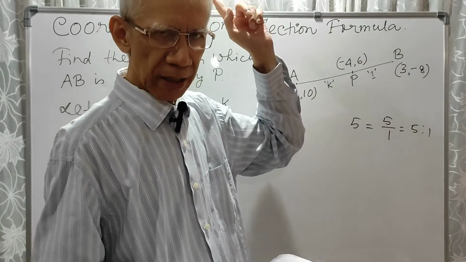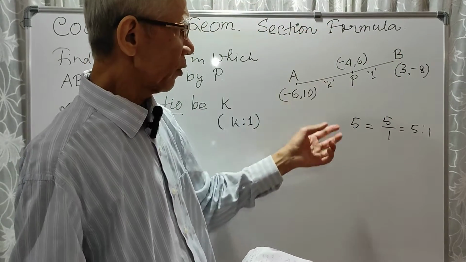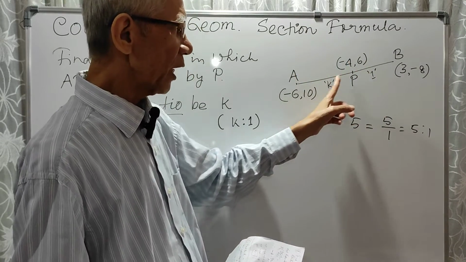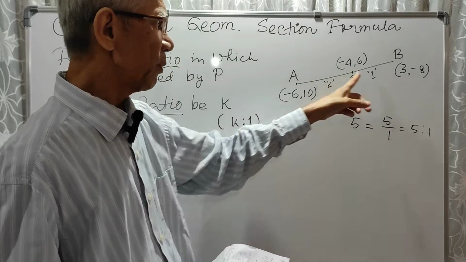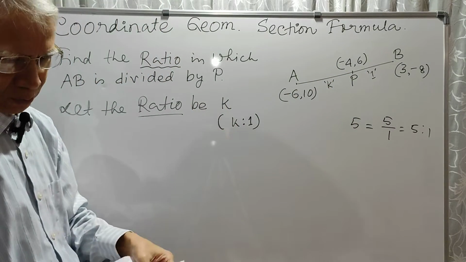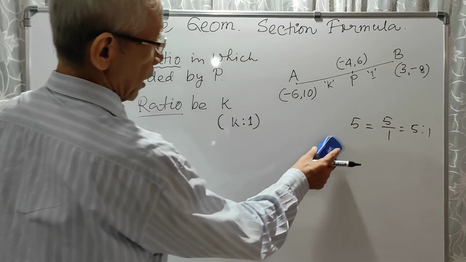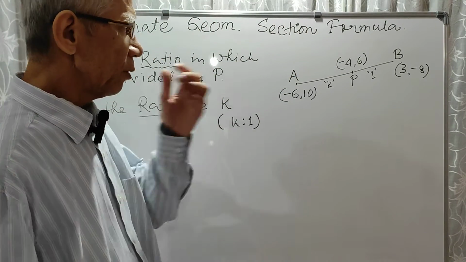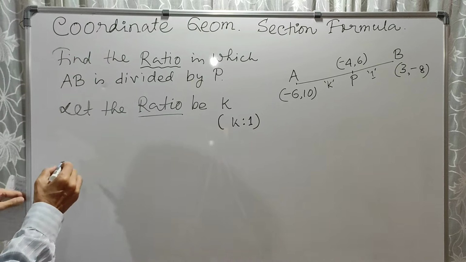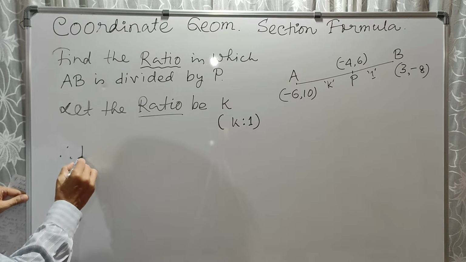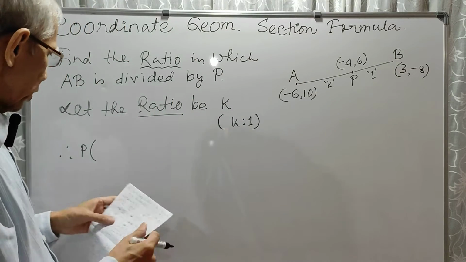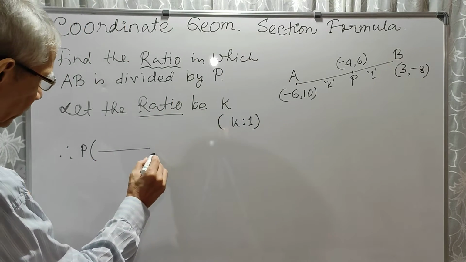Just like in the last video, in the main section formula, we had M1, M2. So suppose M1 is K and M2 is 1. So the ratio we have assumed is K is to 1. Now, if the ratio is K is to 1, then what will be the coordinates of P?